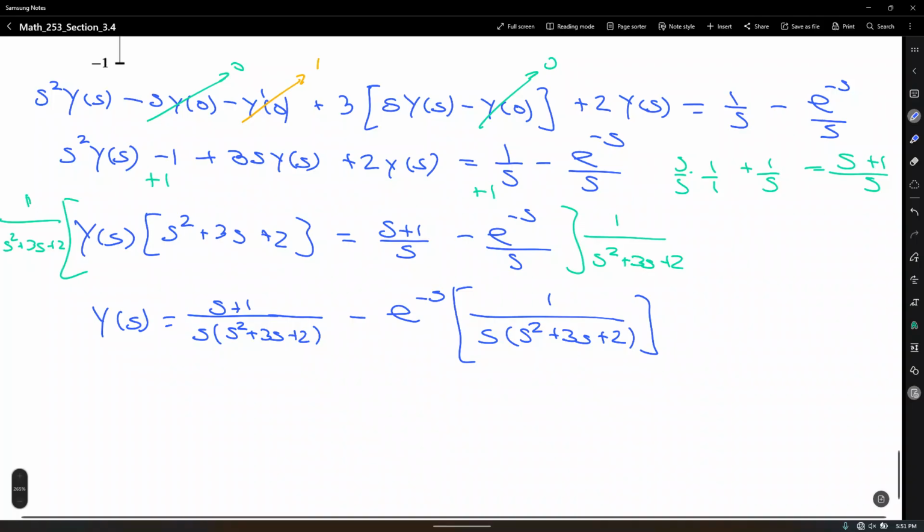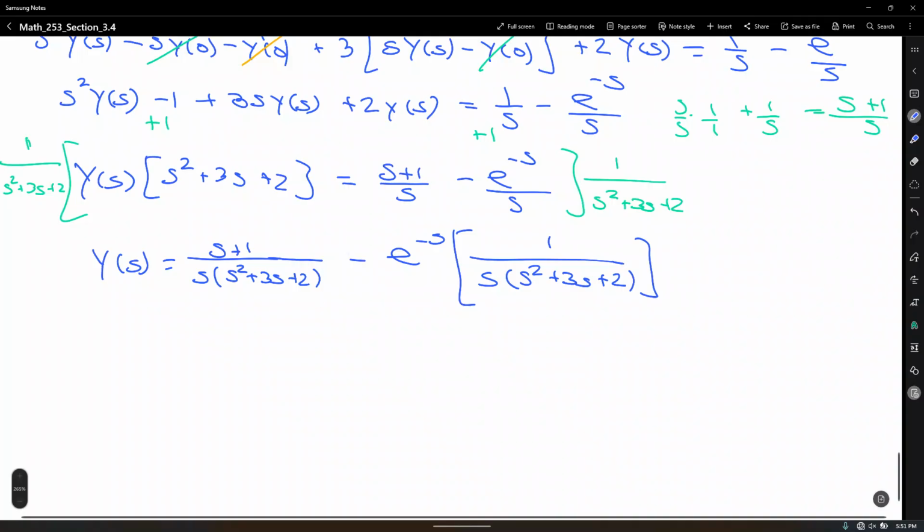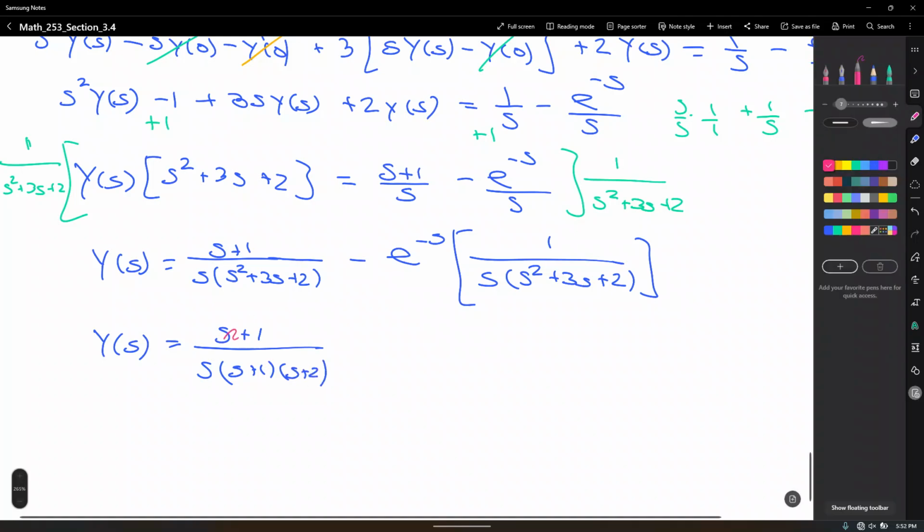Actually, we can simplify the first one. Check this out. Y of s equals s plus 1 divided by s, factors of 2 that add up to 3, are they s plus 1, s plus 2? And check what happens. The number of partial fractions reduces.